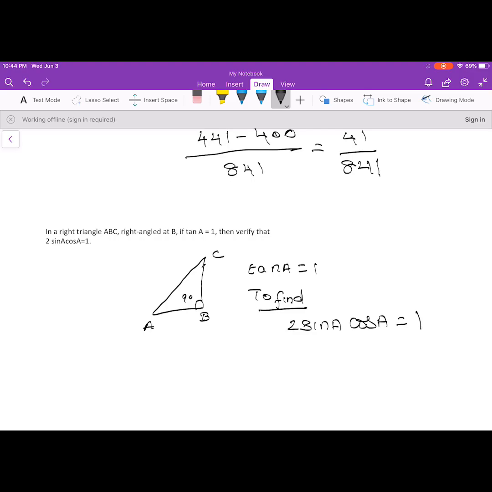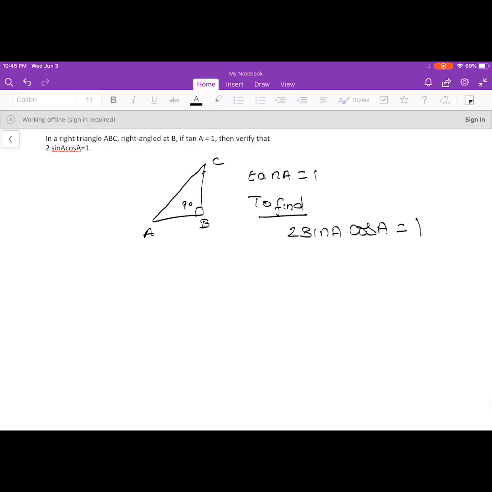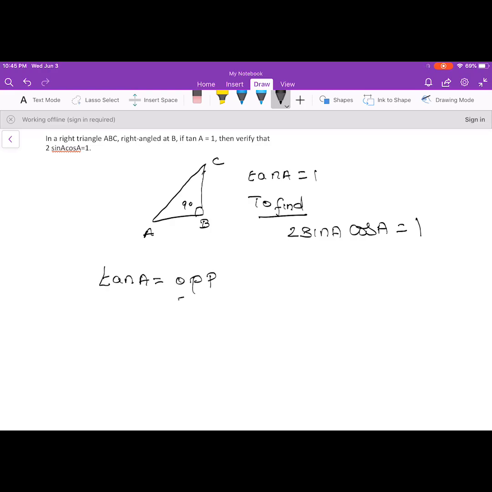What we will do is, we know tan A equals opposite by adjacent, that is equal to 1. It means that the value becomes 1 when opposite is equal to adjacent.